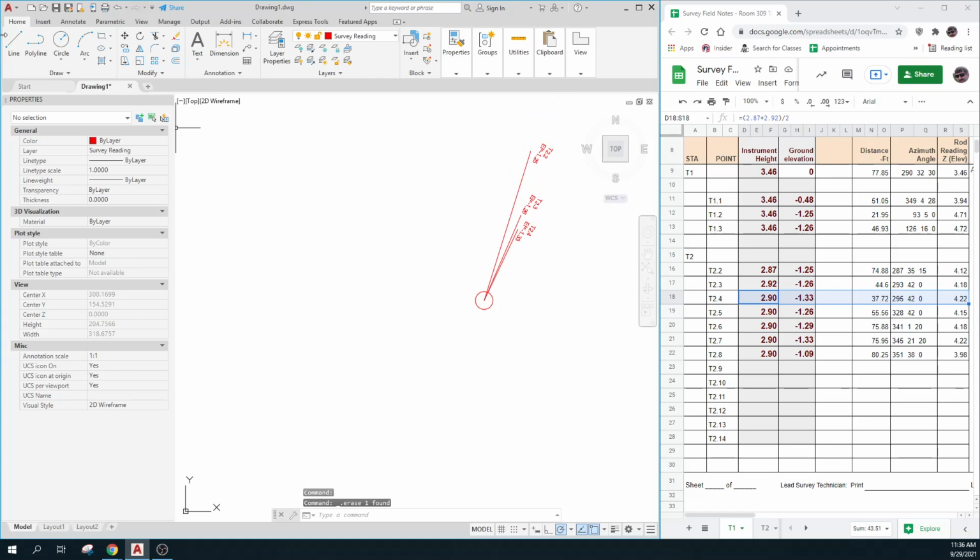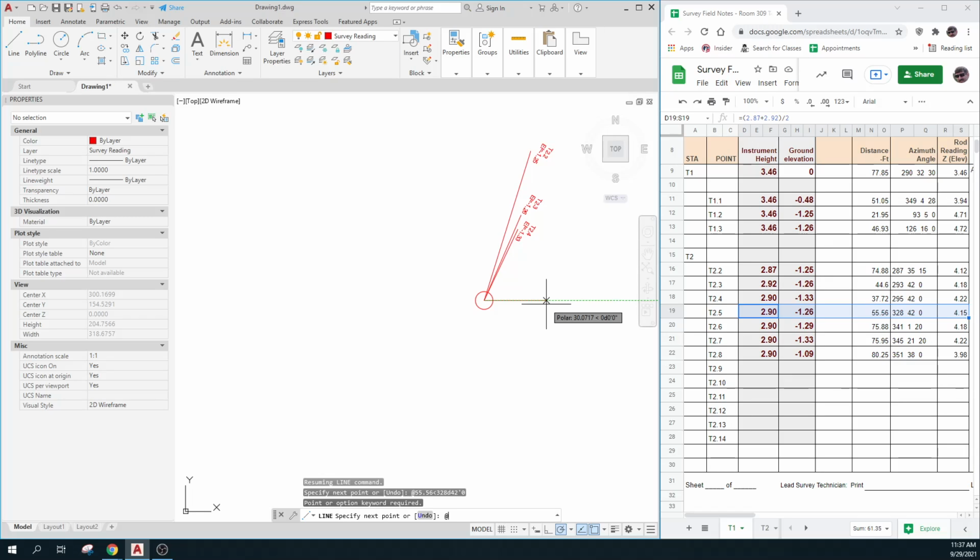Okay, let's see where our next one goes. From where I'm at, 55.56 at an angle 328 degrees, 42 minutes, 0 seconds. And I did something wrong there.